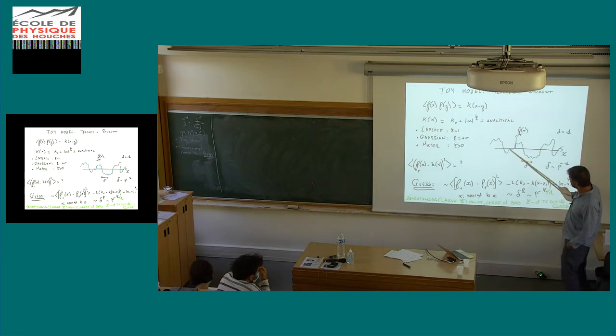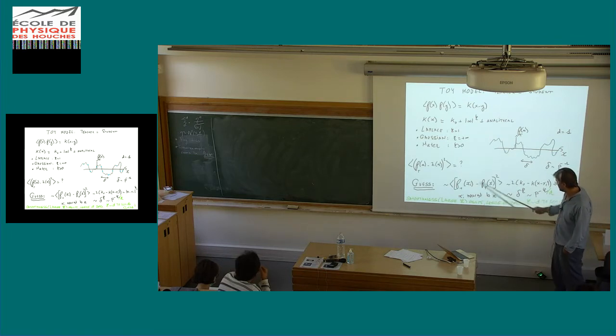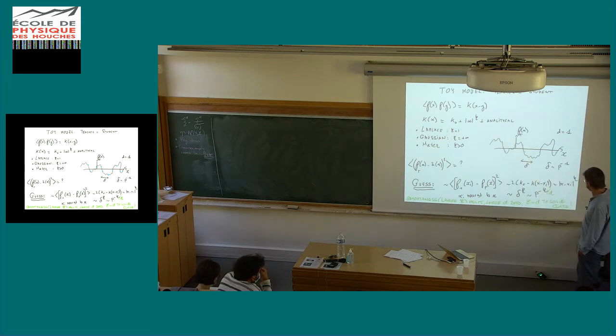But the simplest guess is that you could look at the closest point and look at the variation between this closest point and the point you're interested in. And on average, this quantity can be written in terms of the kernel, and what you would get is this.